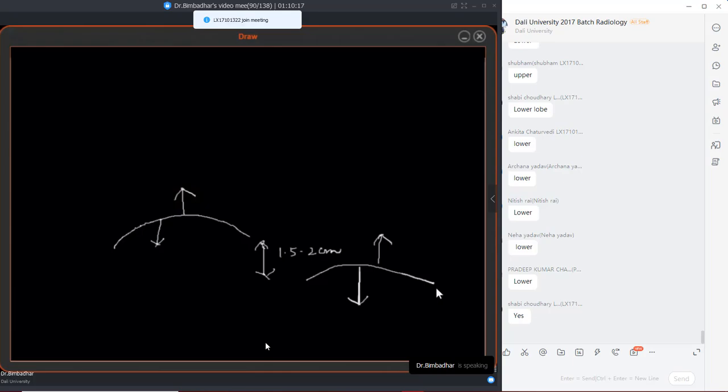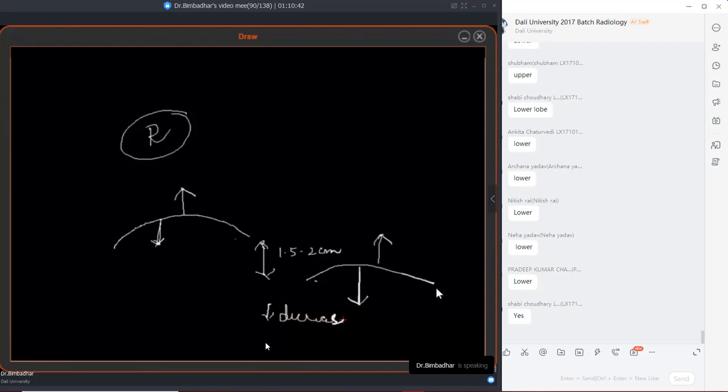Okay, now understand this logic. See, understand one simple logic here. Let us say the right hemidiaphragm is pulled down because of a problem down in the right lung. So the distance between the right hemidiaphragm and the left hemidiaphragm decreases.